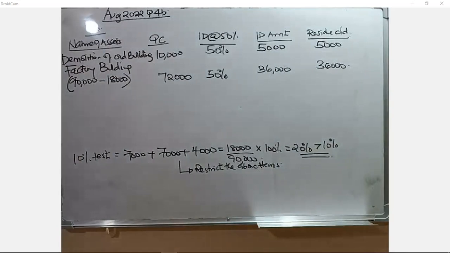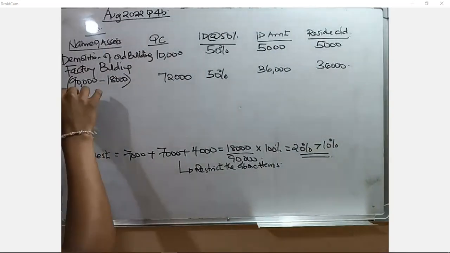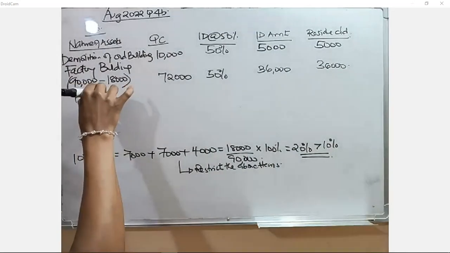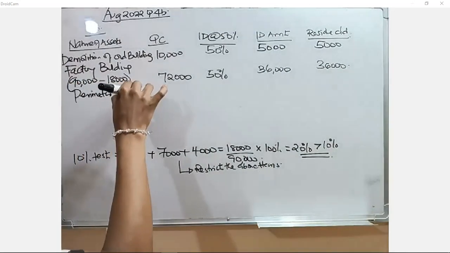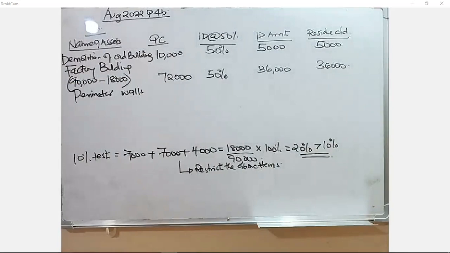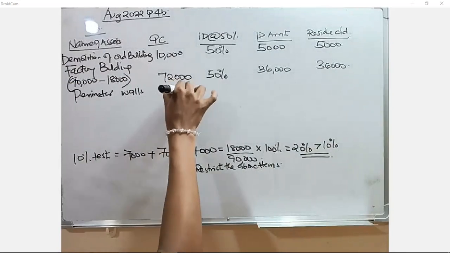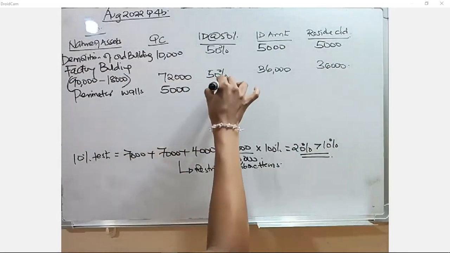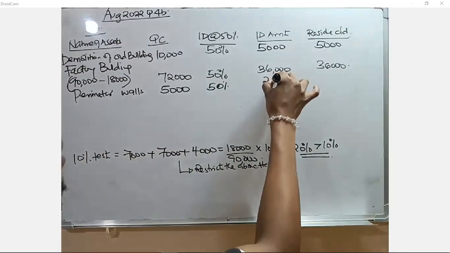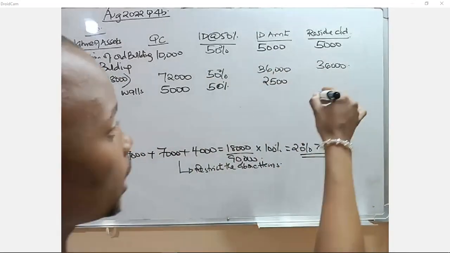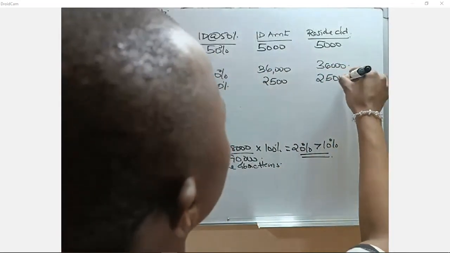Next, we have perimeter walls. How much are the perimeter walls? I'm being given 5,000. 50% will be 2,500, and on the other side, it will be 2,500.